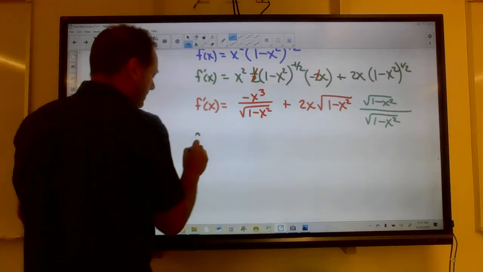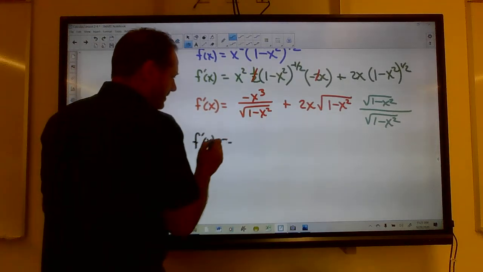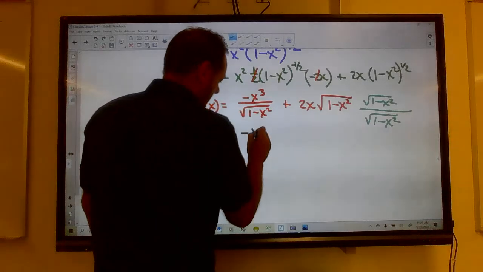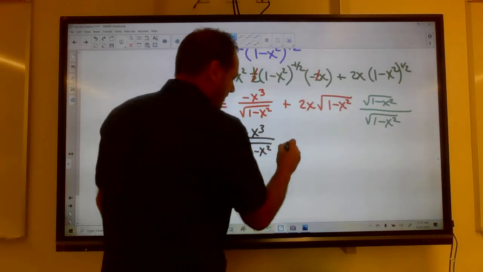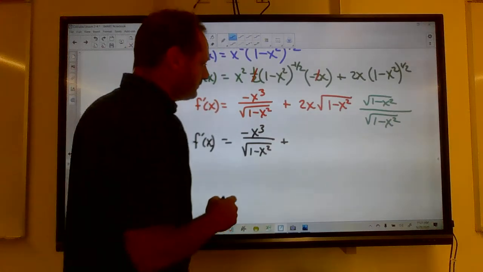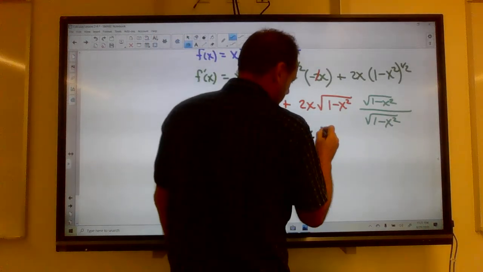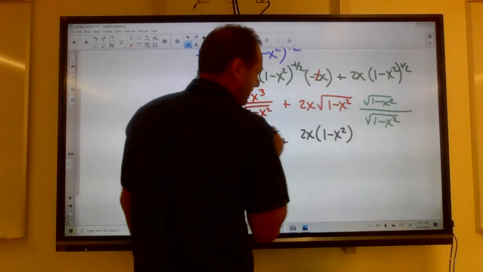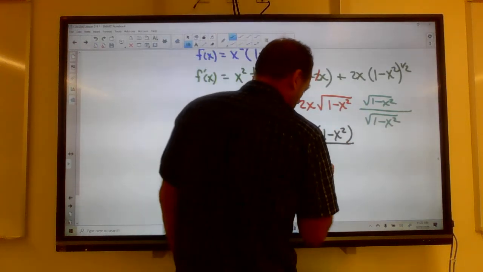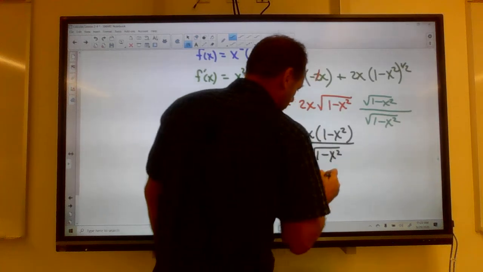Okay, so f prime of x is going to be negative x cubed over the square root of 1 minus x squared, plus 2x times 1 minus x squared, because this times this is 1 minus x squared, all over the square root of 1 minus x squared.